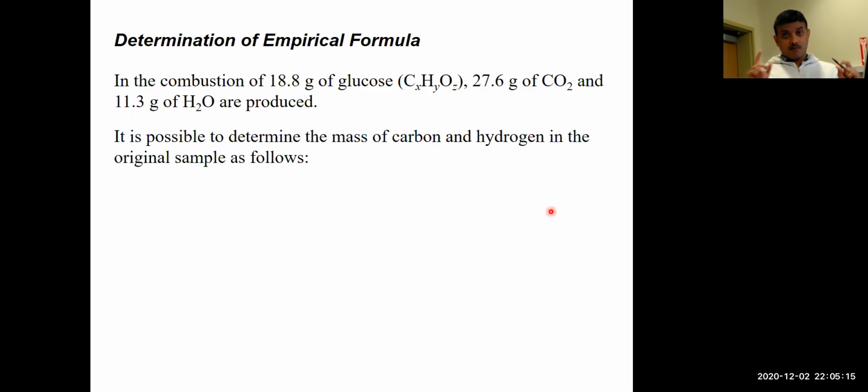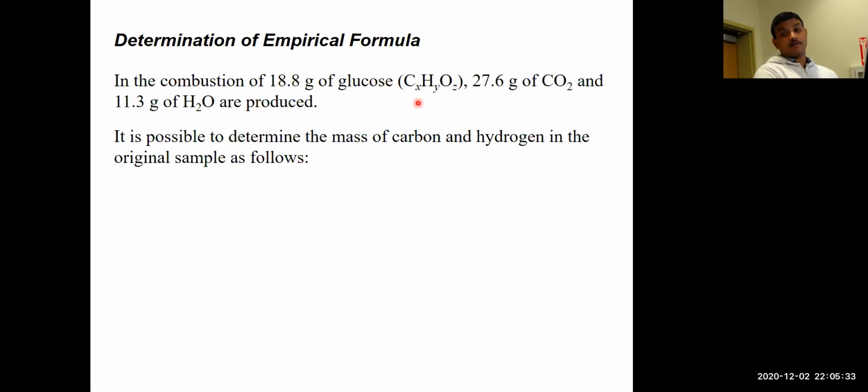Okay, so using that, let's try to identify the empirical formula of glucose. Provided you know certain information, right? You need to know what compound it is, glucose, and you need to know the approximate makeup of the formula. You expect to have carbon, hydrogen, and oxygen, but we don't know the ratios.